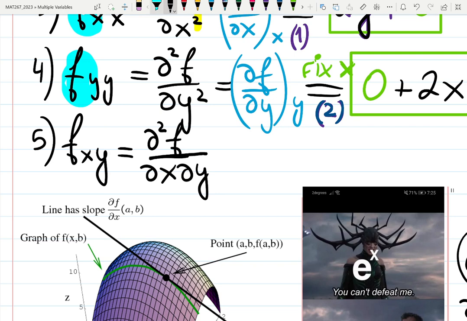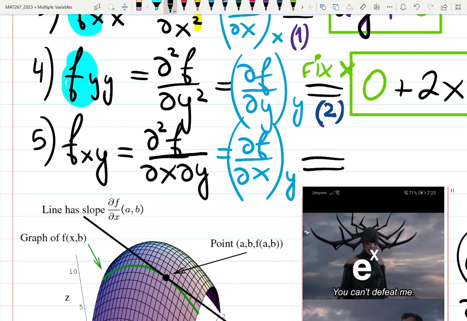In blue, it will look like this. In blue, it's easier to see. The first derivative, we took the partial derivative with respect to x. Now we're going to put parentheses and find a new one with respect to y. How cool is that?